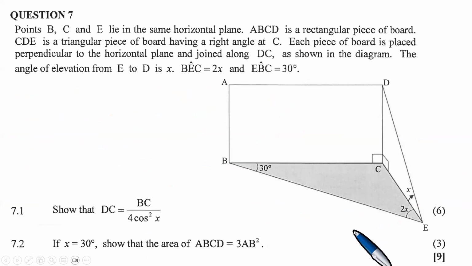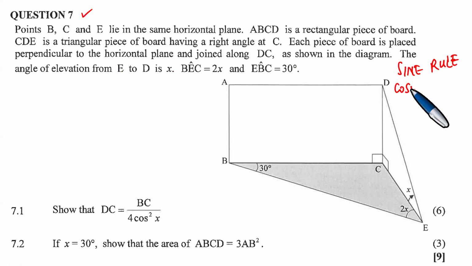Question 7 is very interesting. So here we're just talking about the 3 rules today: the area rule, the cosine rule, and the sine rule. Those are the 3 rules we're talking about.